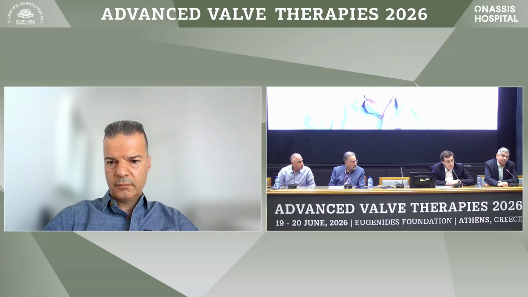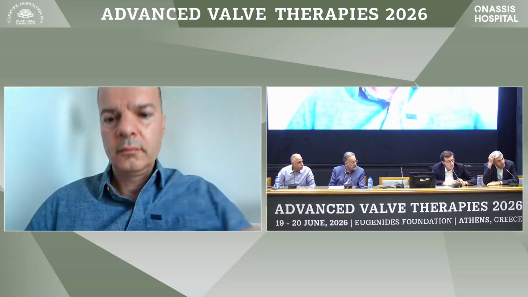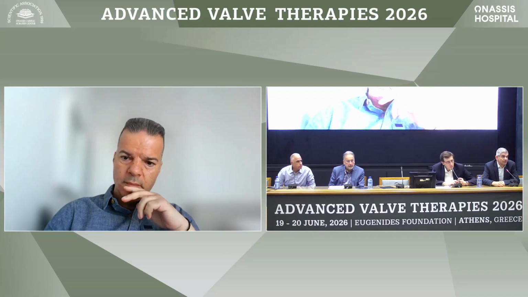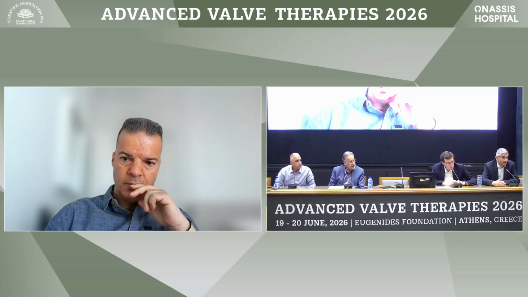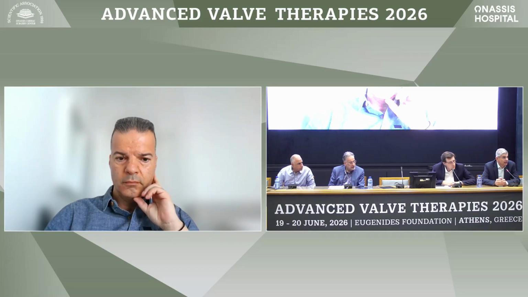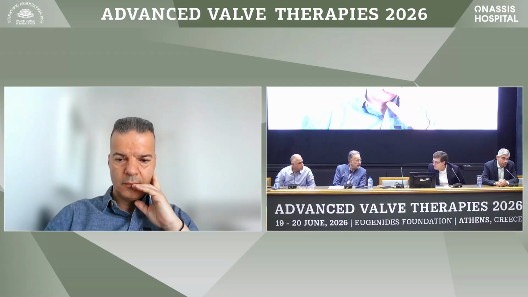I think it's very interesting, and I wonder how much you persist with your first device in getting the maximal TR reduction, because getting a second device in has its own inherent risks and generally speaking, it's not always guaranteed that you're going to be able to do it in the way you want to do it. So we would like to see our first device, and that's why we spend a lot of time optimizing the position and leaflet insertion to get a maximal reduction. And only in that scenario we would consider a second device if we don't get adequate TR reduction.